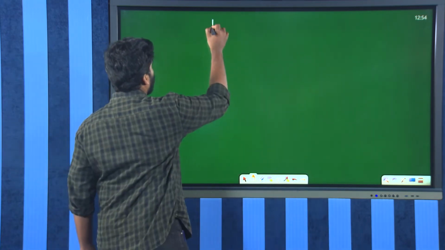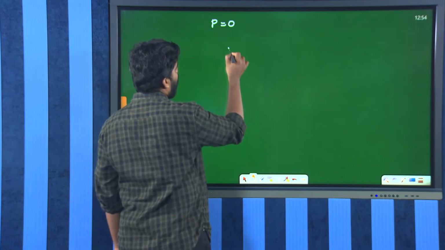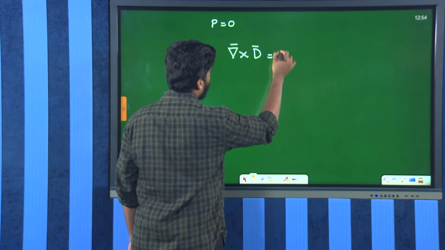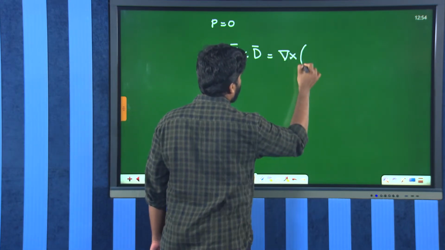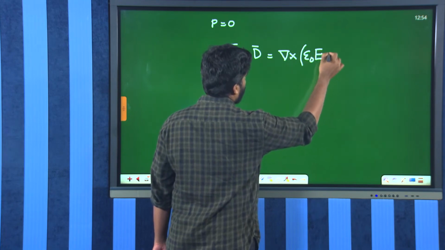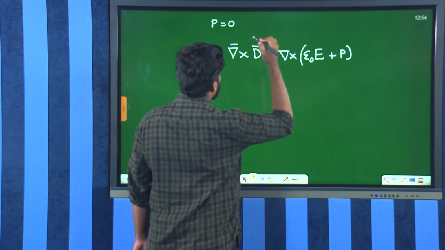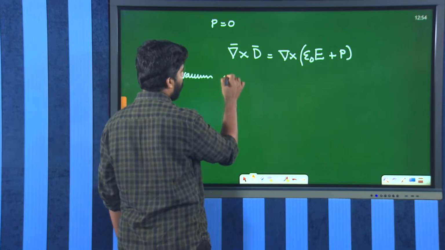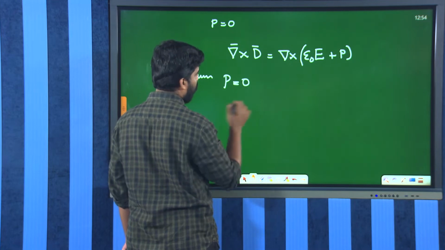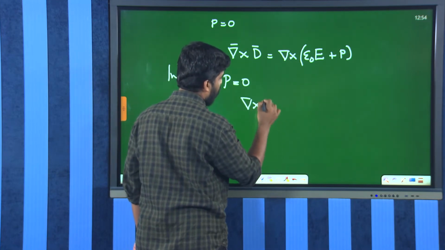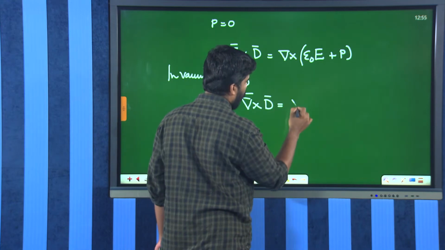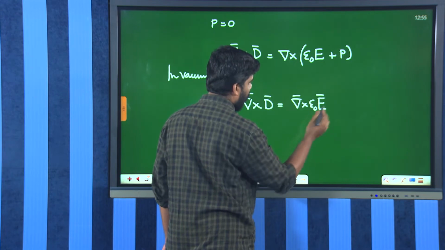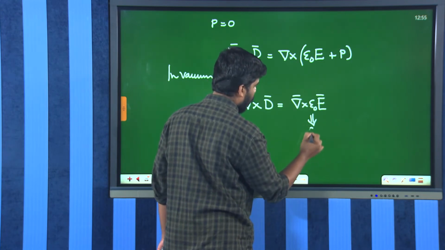That means del cross D, taking the curl on both sides, is equal to del cross of epsilon 0 E plus P. In vacuum P is equal to 0, so we can simply write del cross D is equal to del cross epsilon 0 E. Already we have proved that del cross E is equal to 0.